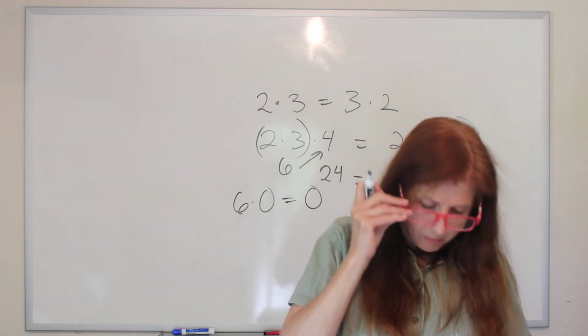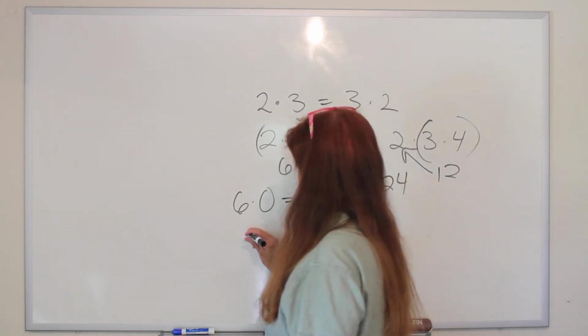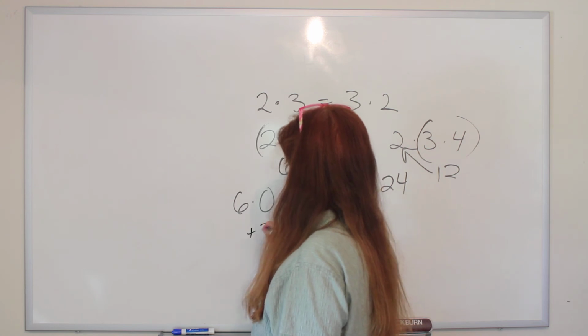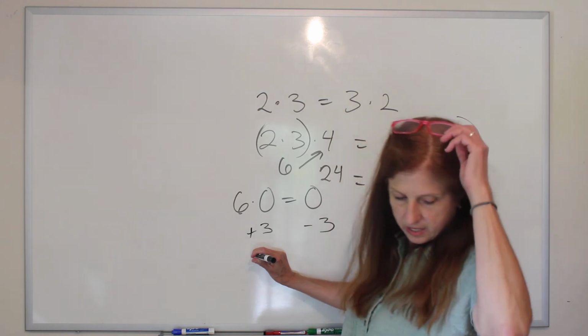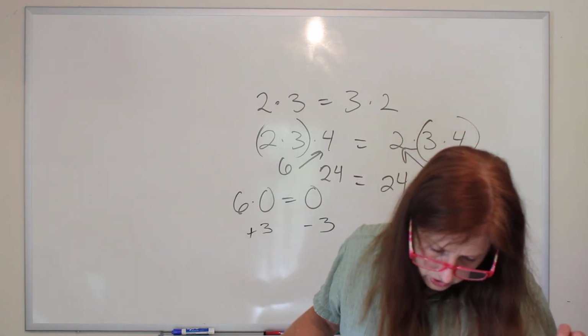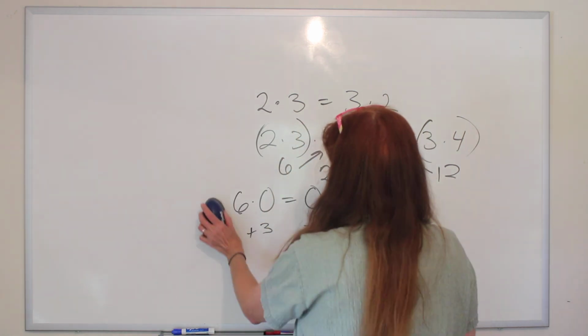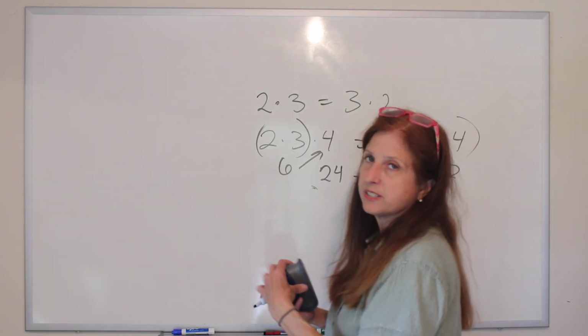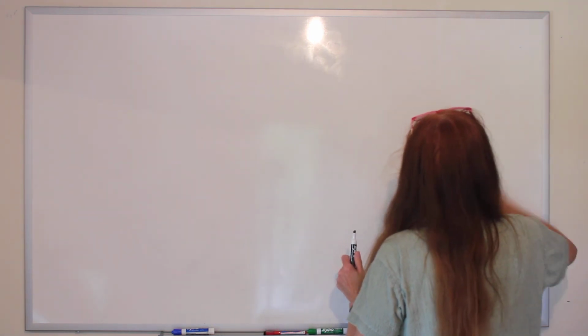And the property of opposites is the opposite of plus 3 is minus 3. The opposite of, this is the negative one. Remember, what makes math hard is not the math, it's the words. In a different book, sometimes they call these slightly different names.